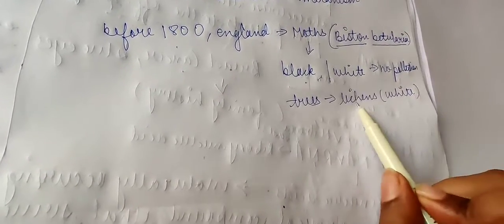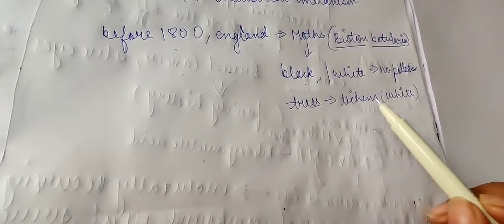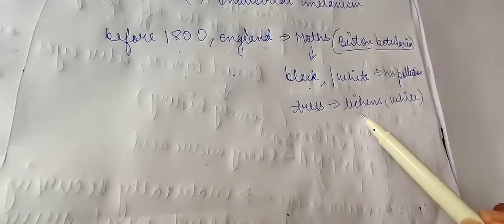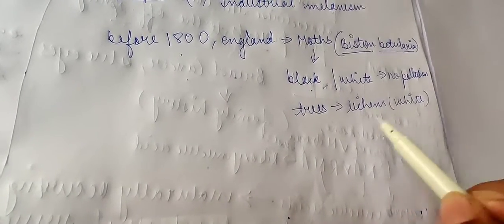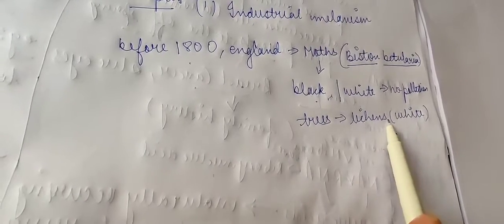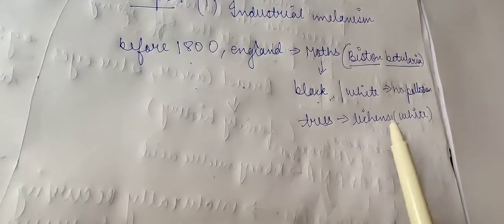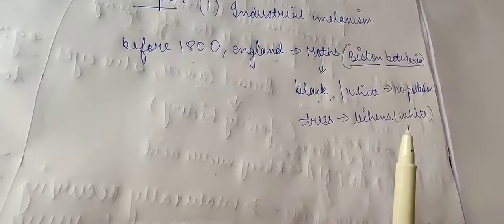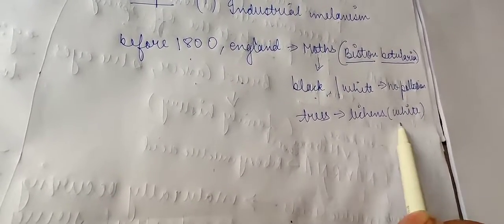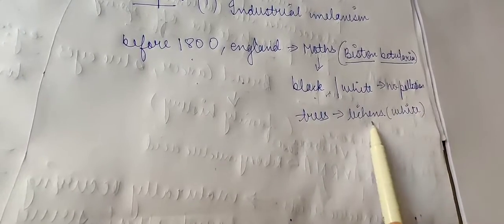The lichens were on the trees where the moths used to live. Because there was no pollution, the lichens were white, so the white moths survived and the black moths died.